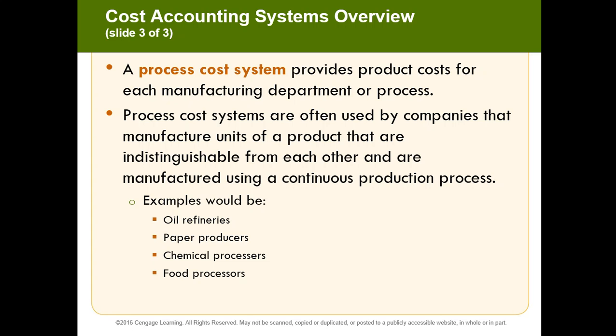The same types of raw materials are going into the manufacturing process. The same machinery is being used, the same labor is being used, and the only difference may be adding different flavors. So from one month to the next, their production process is very similar.